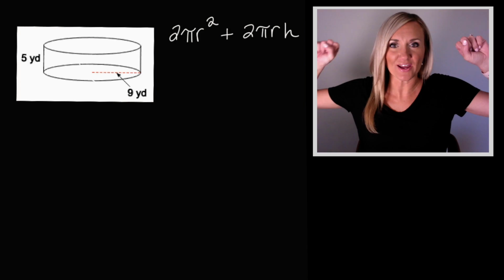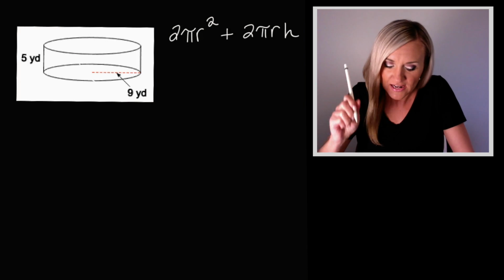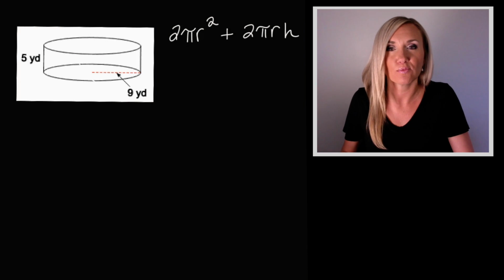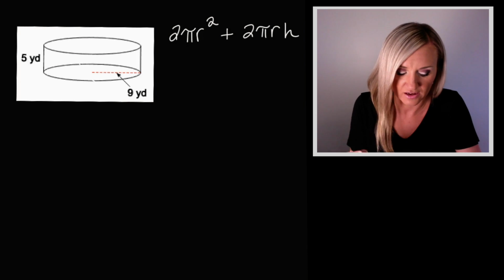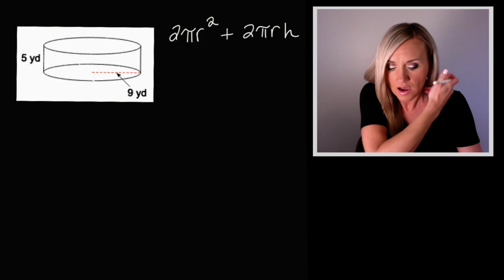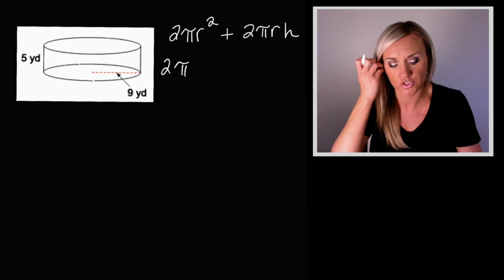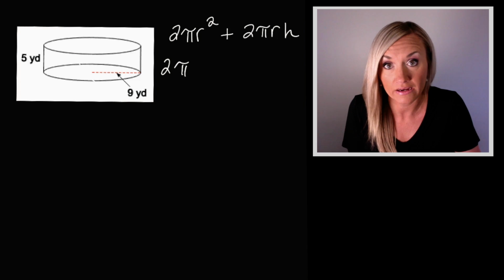Whew, okay, you ready to do some problems? I am. All right, we have 3 problems for today to find the surface area of a cylinder, and our first one has a radius of 9 and a height of 5. So let's just go ahead and plug those values in. We have 2 pi, our radius squared, so our radius is 9.